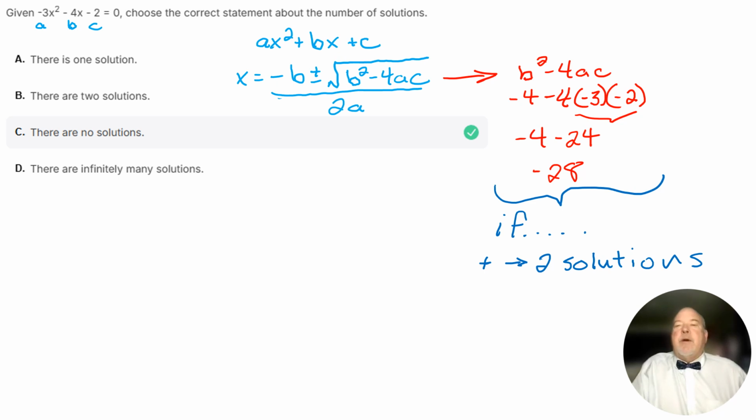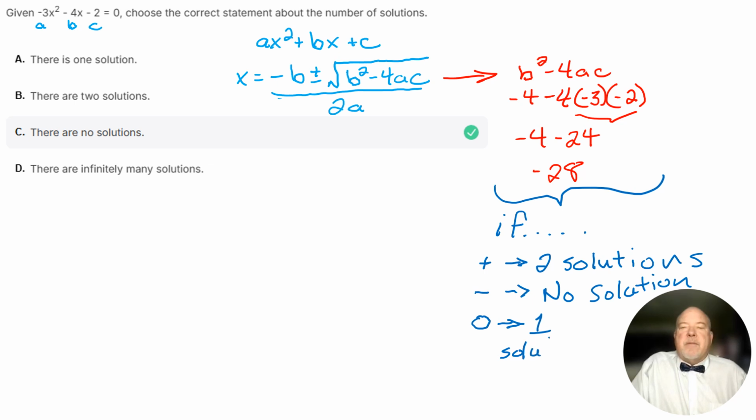So for instance, the square root of 4 is 2 or -2, right? So that's how you get two solutions. If we already said if it's negative, then there's no solution. So no solution. And then if it's 0, the square root of 0 is just 0. So 0 leaves you with one solution.